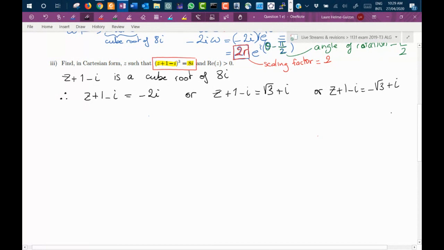There are exactly 3 cube roots, and you know that z is one of them. Then you can just solve that. It's going to be fairly easy, and we will see what we get.